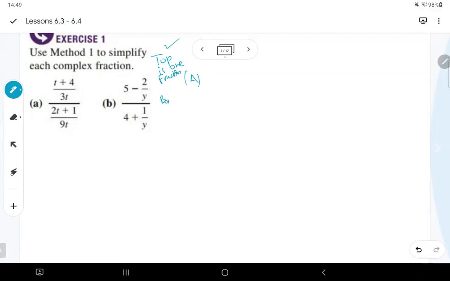And the bottom is one fraction, and that's good too. Both of those are good to go.